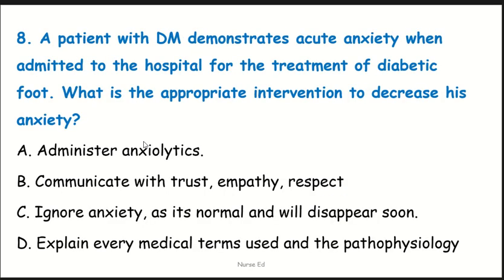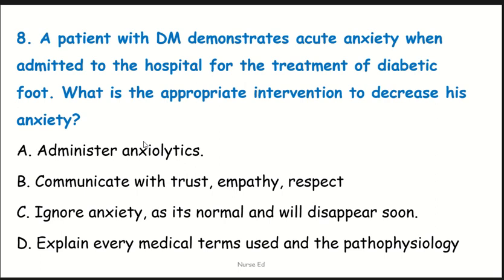Question number 8. A patient with diabetes mellitus demonstrates acute anxiety when admitted to the hospital for the treatment of diabetic foot. What is the appropriate intervention to decrease his anxiety? Option A, administer anxiolytic. Option B, communicate with trust, empathy, respect. Option C, ignore anxiety as it's normal and will disappear soon.